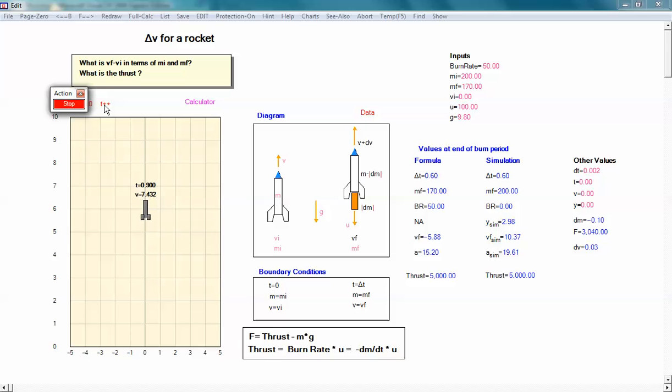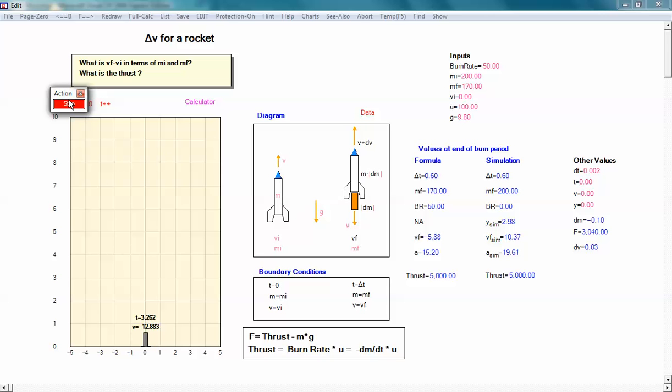The engine cuts off, and momentum carries the rocket upward further, but gravity is always pulling it down. Eventually gravity slows the momentum to zero, and then starts increasing the momentum in the negative direction until the rocket crashes back onto Earth.